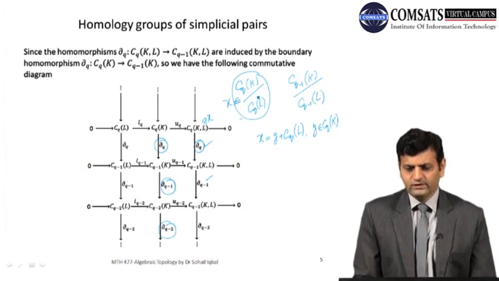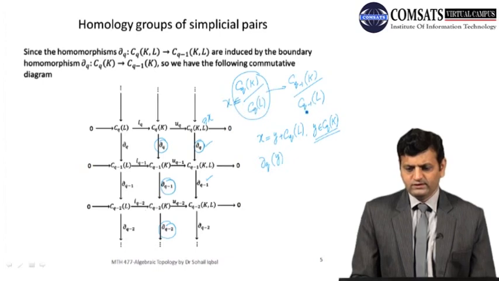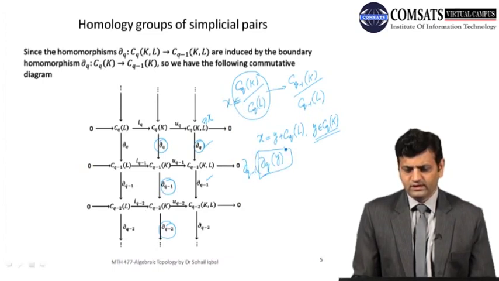And how do we define this map? I'm just taking the image under ∂_q of this y, and of course I'm taking the image of this as well, which is contained in C_{q-1}(L). So that's how I take the image.